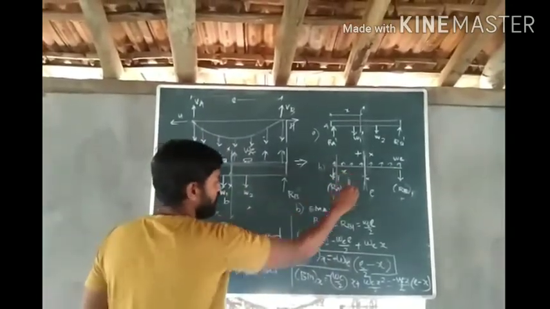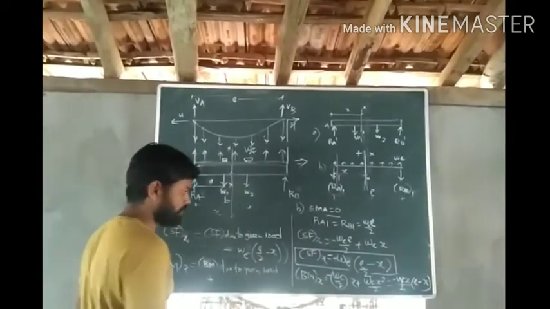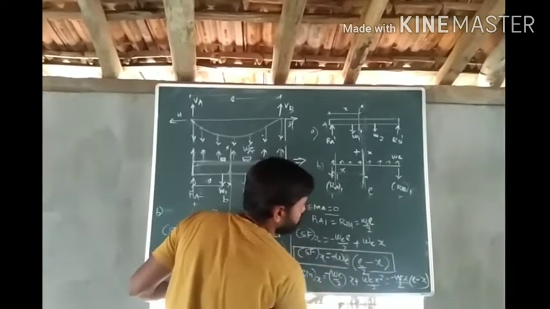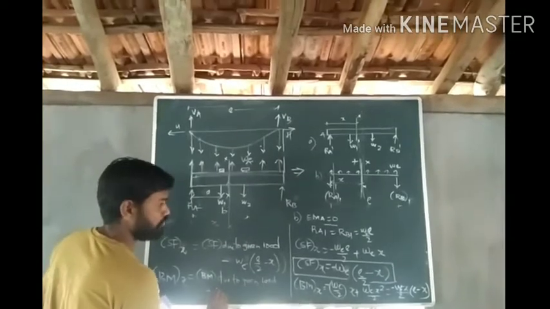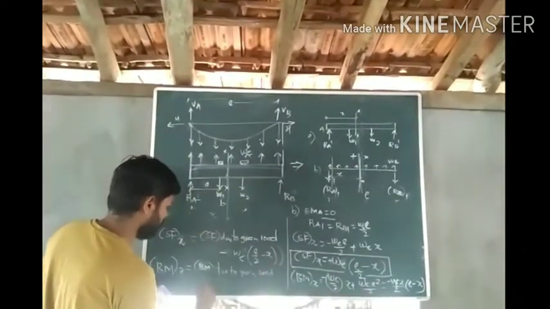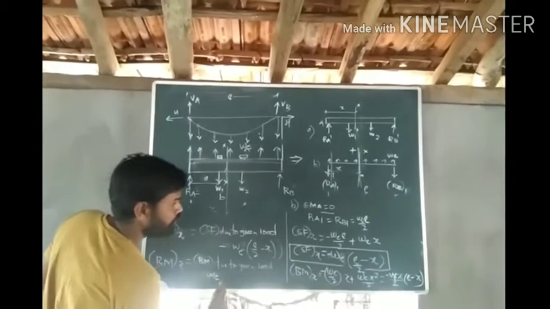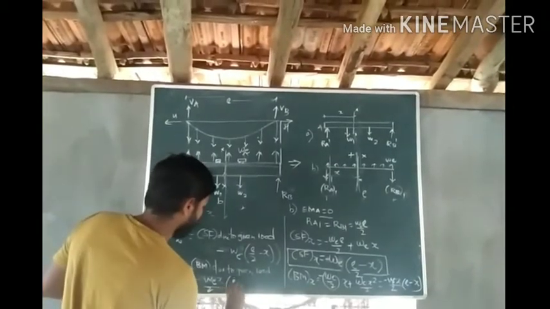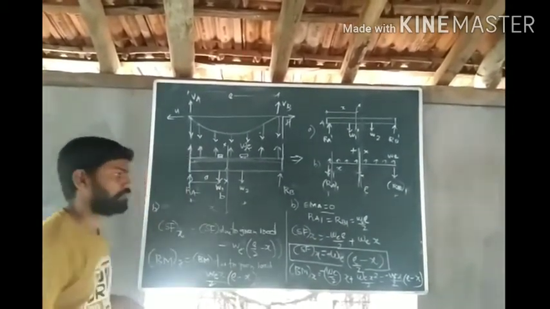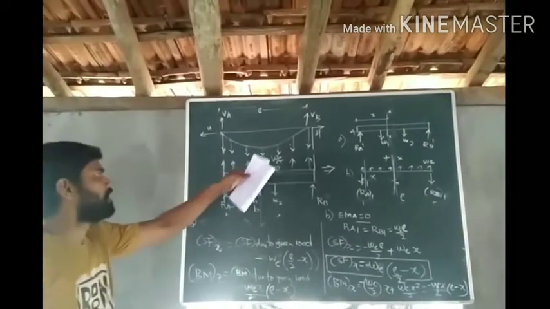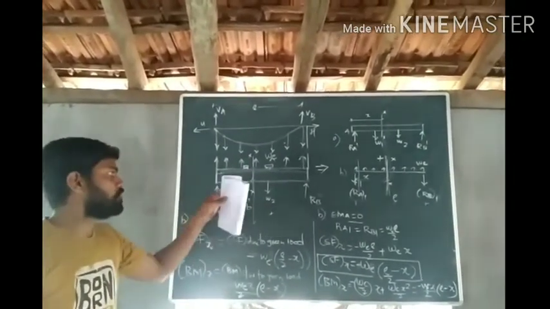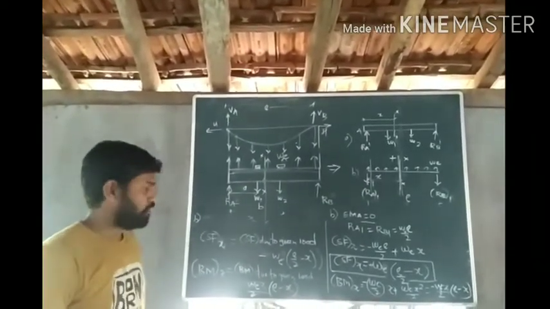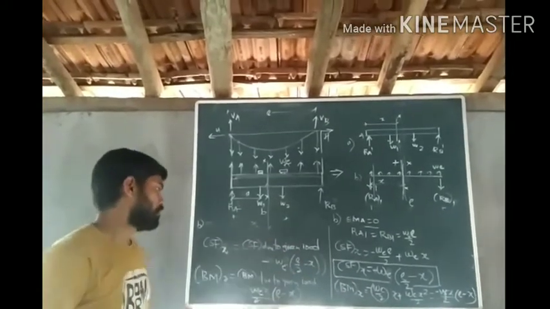So bending moment due to this UDL at any point X is equal to minus WE into X divided by 2 into bracket L minus X. Okay. So this is how you can calculate the shear force in the stiffening girder at any point, as well as bending moment in the stiffening girder at any point. Okay. So this formula you have to remember.